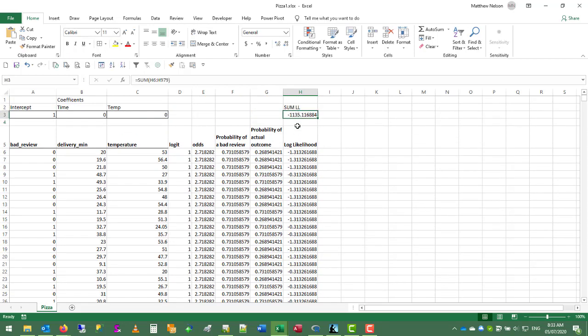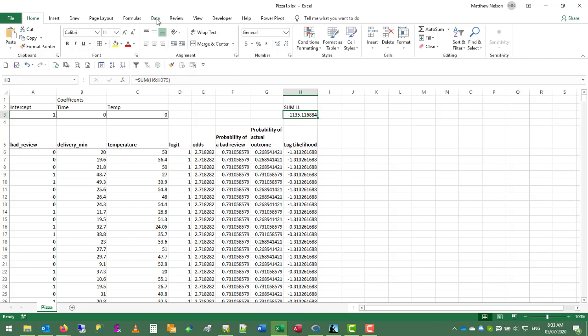And we have a pretty low number here, and hopefully if our coefficients are statistically significant, we can increase this number and get as close to 0 as possible. If it's 0, that means we can predict absolutely accurately whether or not a bad review will be left.